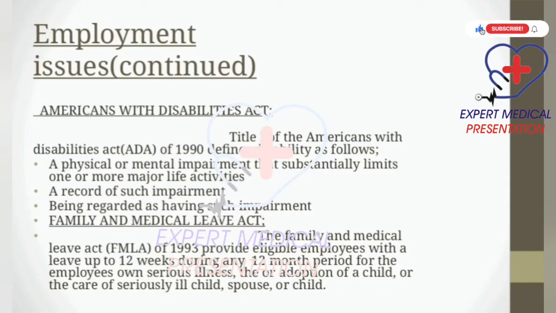Family and Medical Leave Act. The Family and Medical Leave Act, FMLA, of 1993 provides eligible employees with leave of up to 12 weeks during any 12-month period for the employee's own serious illness, the birth or adoption of a child, or the care of a seriously ill child, spouse, or parent.